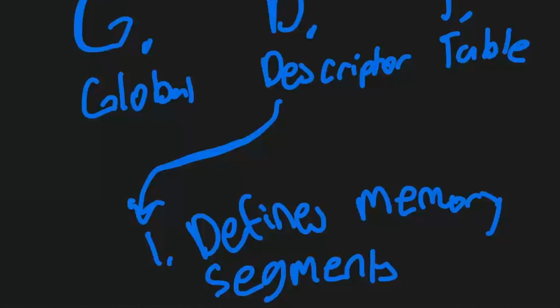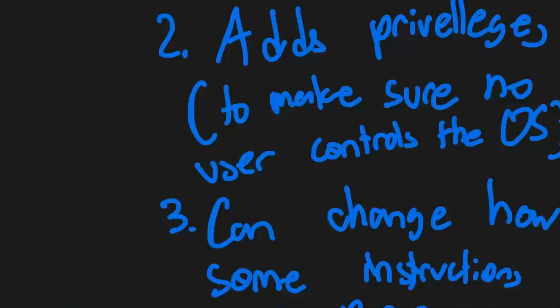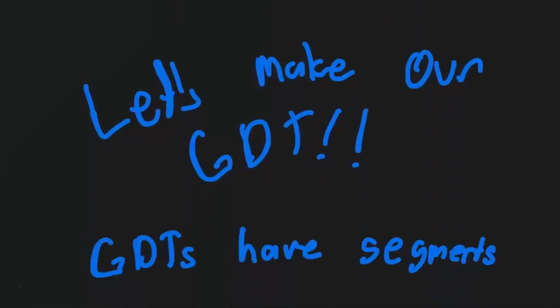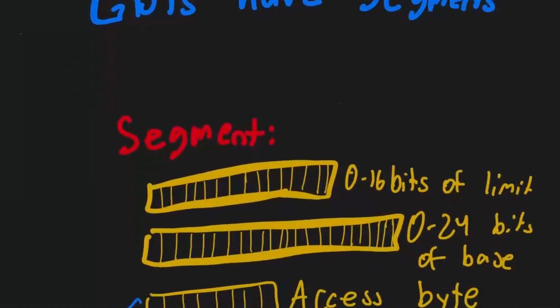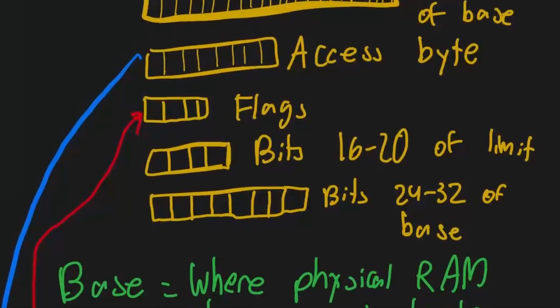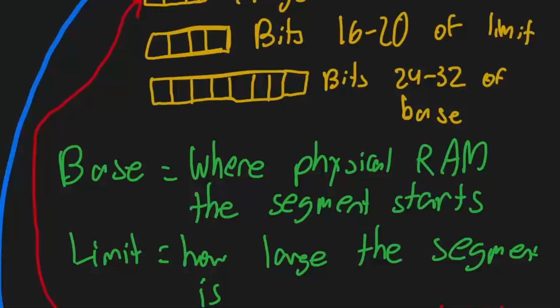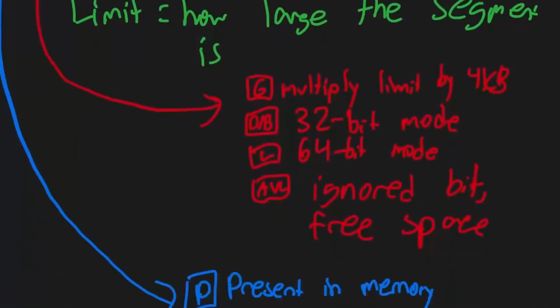GDTs are responsible for defining memory segments and adding privileges to make sure that no user controls the OS. It can also change how some instructions are run. So let's make our own GDT. GDTs have segments. Each segment is defined like this, where the base is where the segment starts in physical RAM, and the limit is how large the segment is.